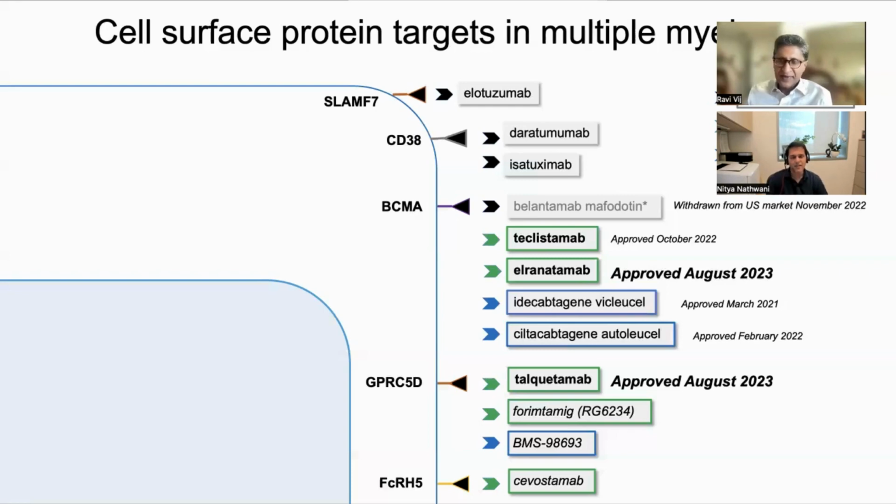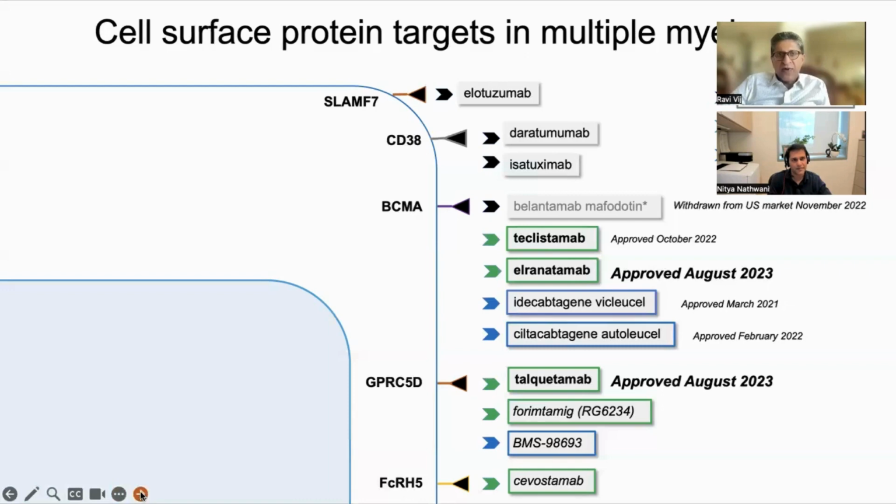So I have given talquetamab before BCMA targeted therapy, for patients on a clinical trial where we've had a clinical trial with talquetamab that's been open for several years. So I've given some patients talquetamab first and then taken them to CAR T when they develop progressive disease on that.